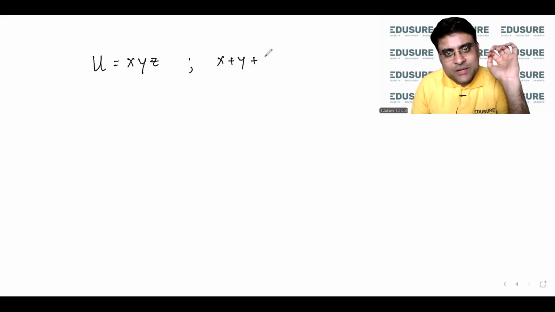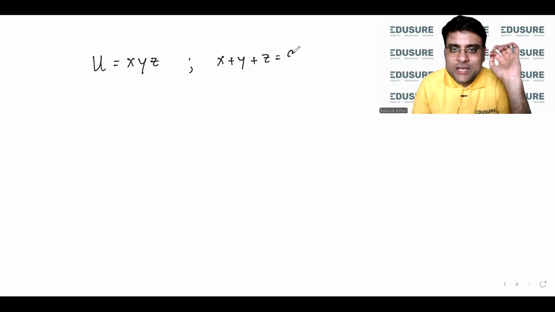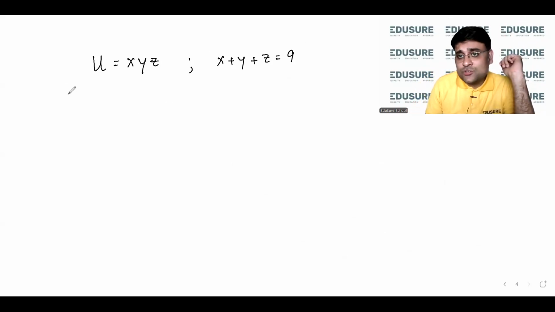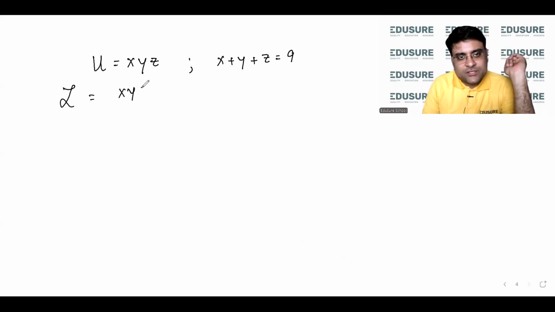So x plus y plus z is equal to say 9. ठीक है, ये हमने ले लिया. अब इसका Lagrange हम लोग को करना है, form and see how to deal with it. So the Lagrange equation will be x into y into z plus lambda into 9 minus x minus y minus z.